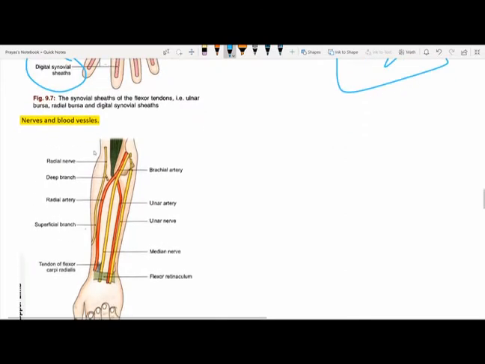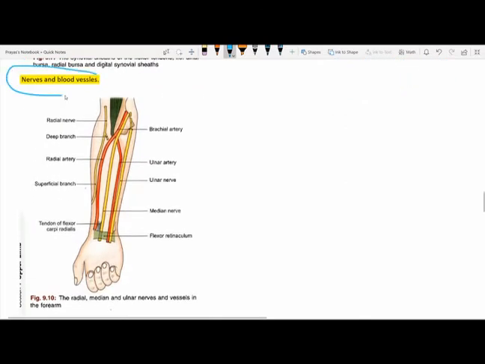And then we also learned a lot about nerves and blood vessels. Nerves and blood vessels are always a huge portion of anatomy. What is important in nerves and blood vessels is where they originate and what path they take.